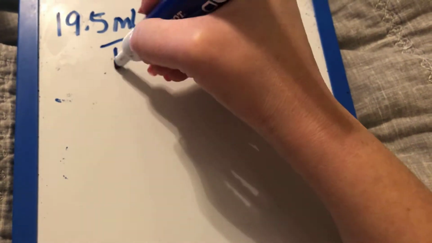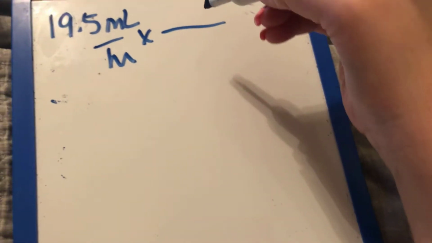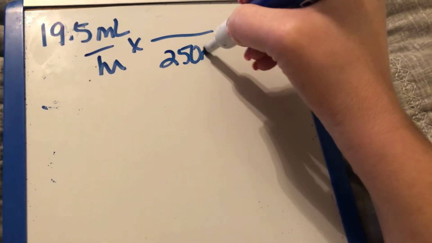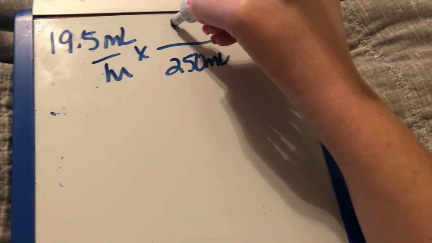So we got to figure out what we know. We know that we have 19.5 milliliters per hour, and our available concentration is 500 milligrams per 250 mils.